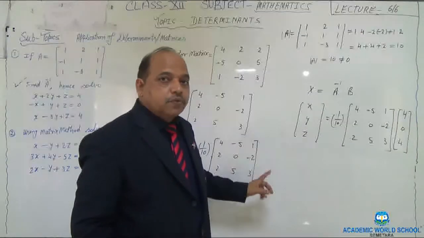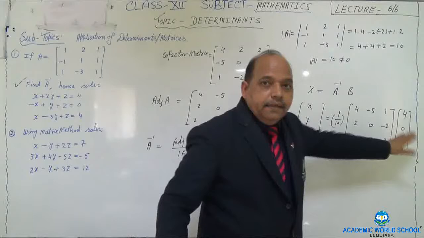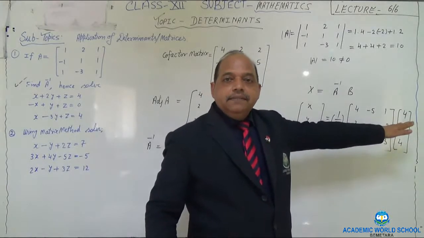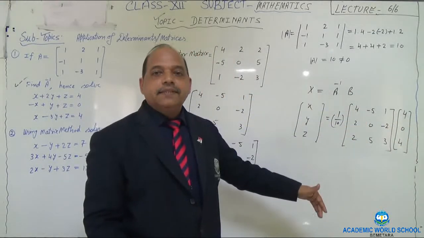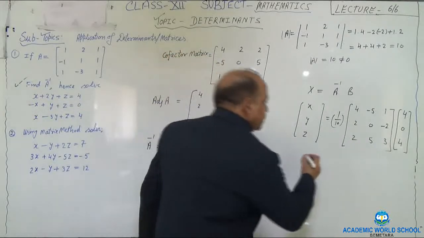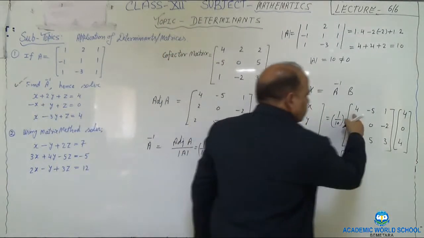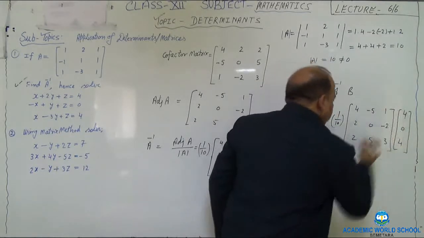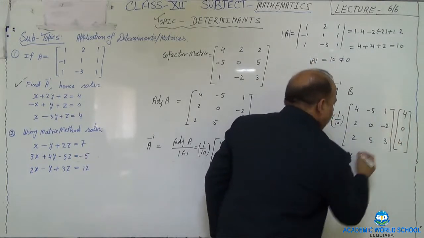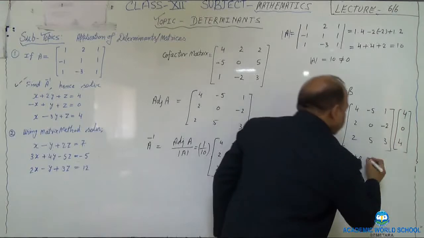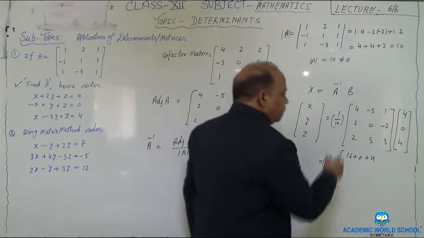Now we have almost got my solution. So what are we supposed to do after this? We will multiply, then we will take 1 by 10 inside and then compare the values of x, y and z. Let's do that. If I multiply, what will come? This row by this: 4 fours are 16, minus 5 and 2 zeros, 0, 1 four is plus 4.